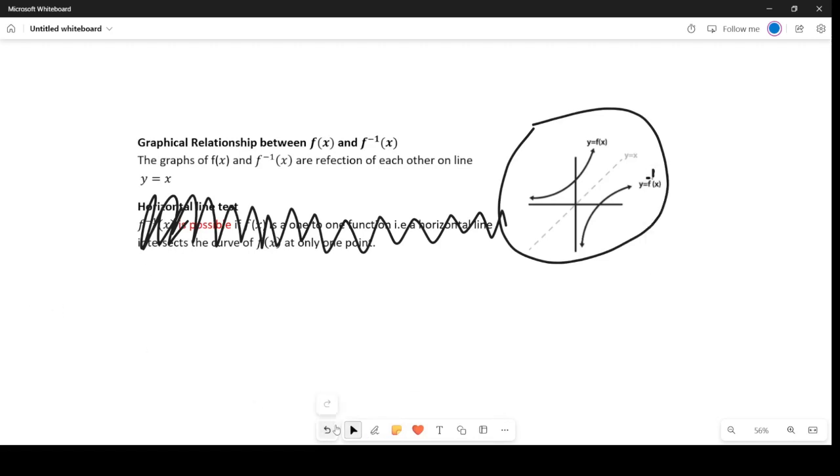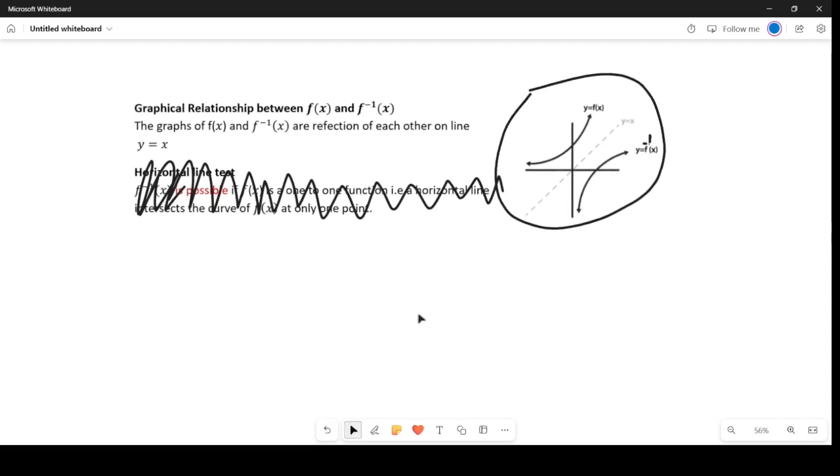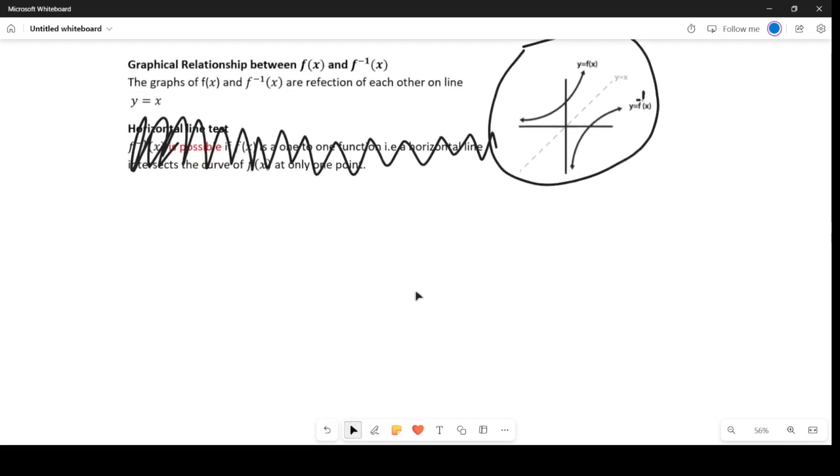Another thing, it's not always possible to form an inverse of a function. The inverse of f(x) cannot always be found.